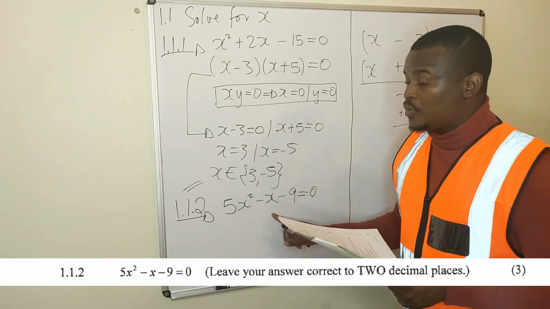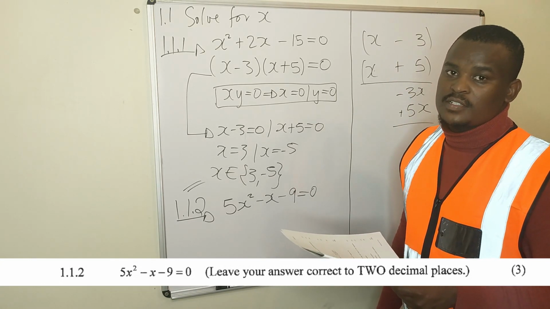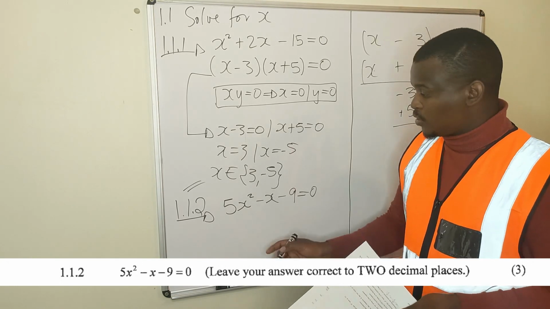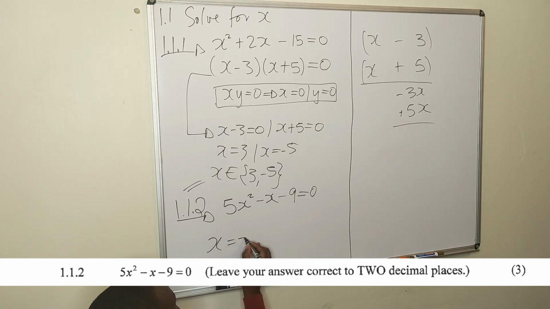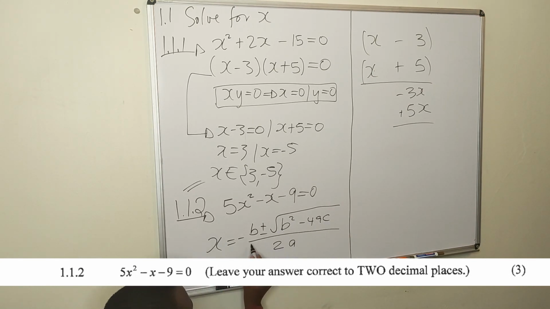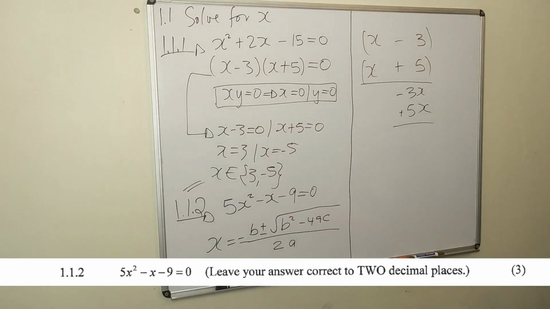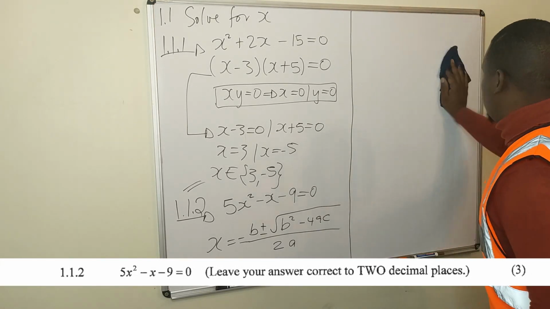This would mean that this does not have very nice solutions. If that's the case, let's use the quadratic formula to solve this. The quadratic formula is x is equal to negative b plus or minus the square root of b squared minus 4ac, all over 2a.